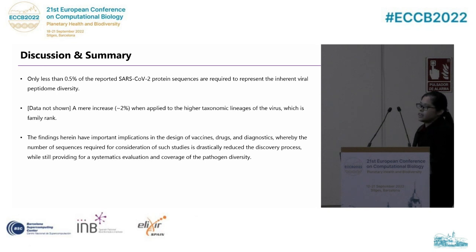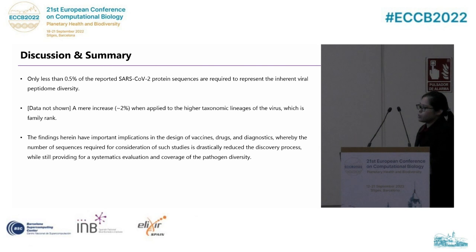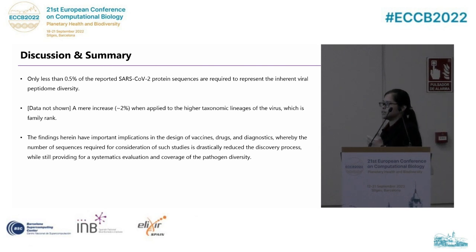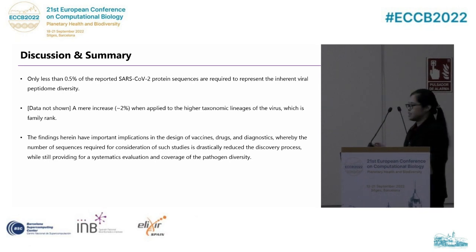This finding is important for the implications in the design of vaccines, drugs, and diagnostics, whereby the number of sequences required for this study will drastically reduce the discovery process, while still providing the systematic evaluation and coverage of the pathogens' diversity.